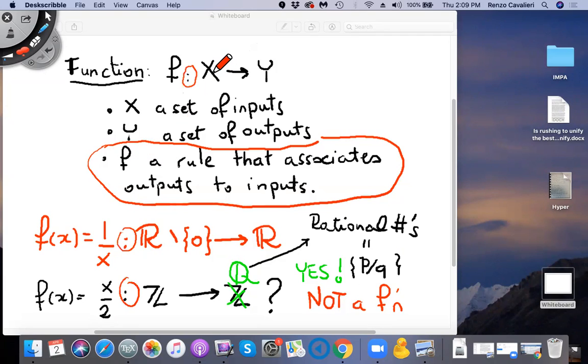And this notation, F colon X arrow Y, is used to say it's a rule that assigns to elements of the input set X, elements of the output set Y. I don't think I have any better answer than this. It's just standard notation. The colon is like saying, I'm going to explain to you what the input and the output sets for F are. So that's why F colon X to Y.